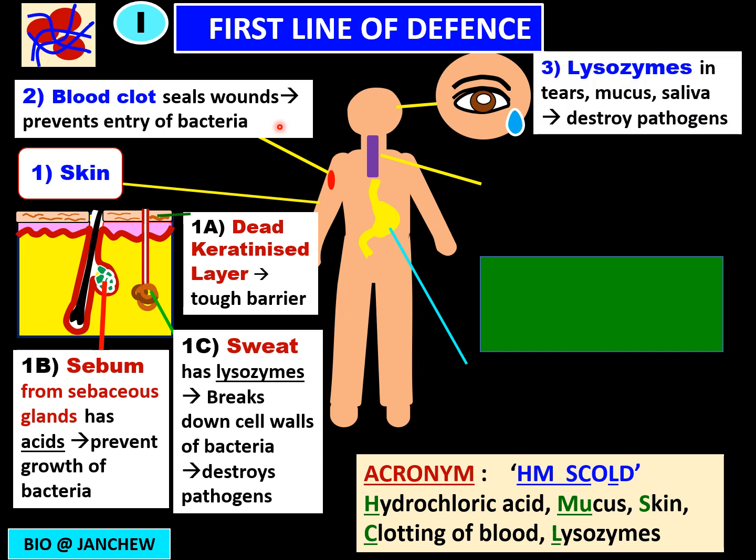The eyes secrete tears, which also contain lysozymes. Lysozymes are the enzymes that can help to destroy the pathogens by breaking down the cell walls of bacteria, for example. They are found in a few body fluids, such as tears, mucus, saliva, and also sweat.